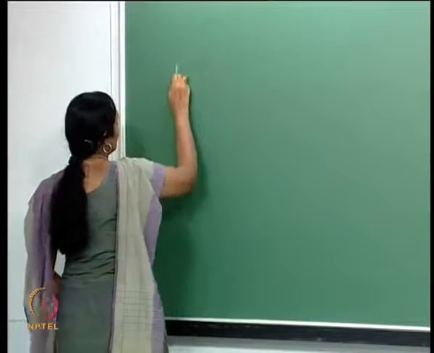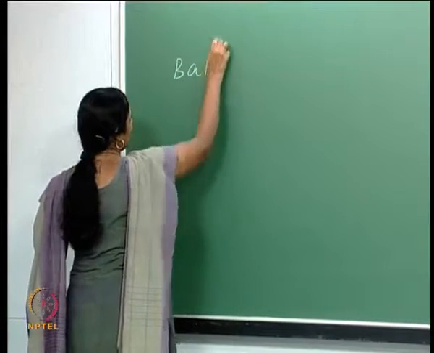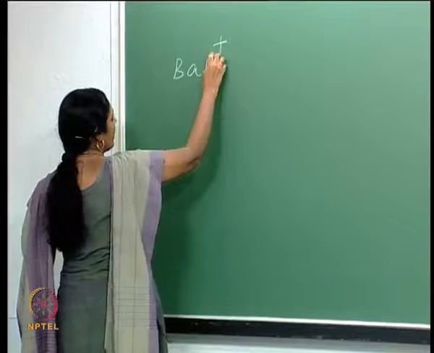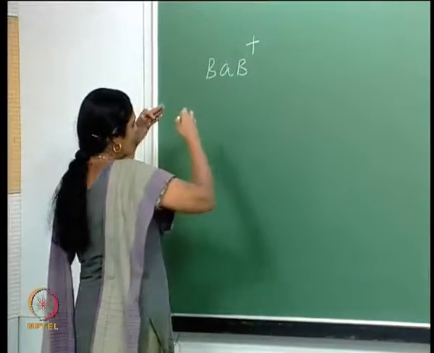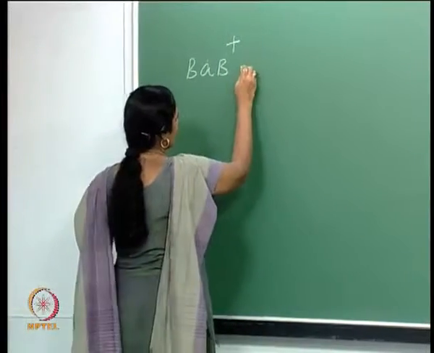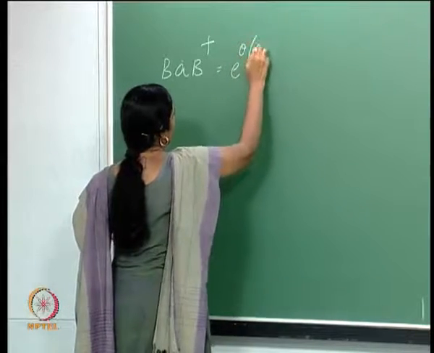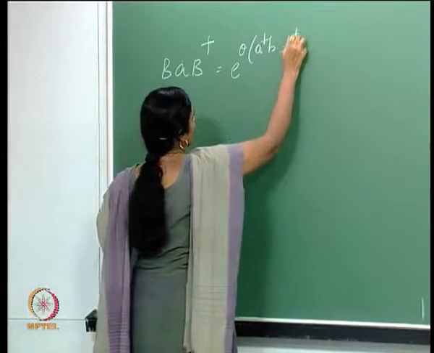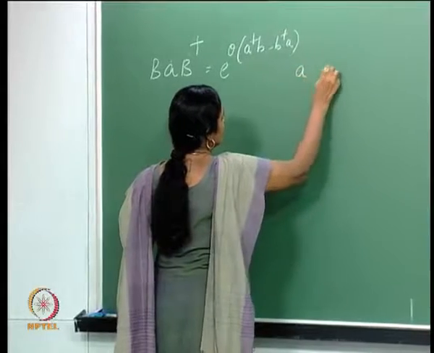So, now I wish to find out B A B dagger. I have deliberately avoided putting these overhead caps on top of B, A and B dagger. So, we need to compute this.